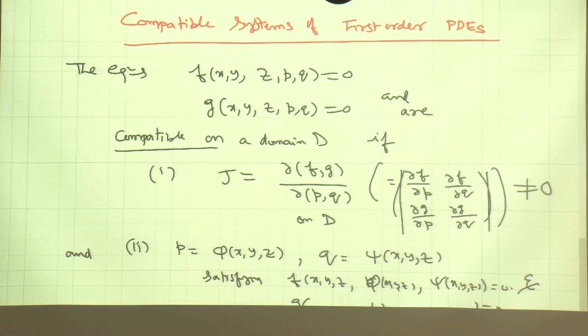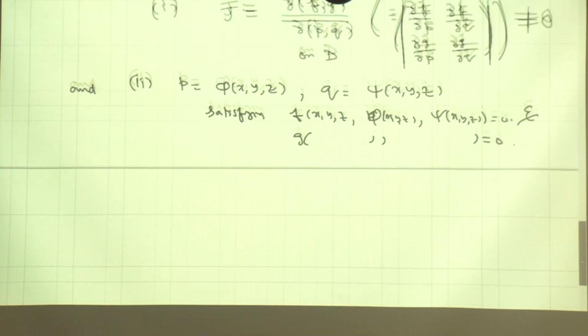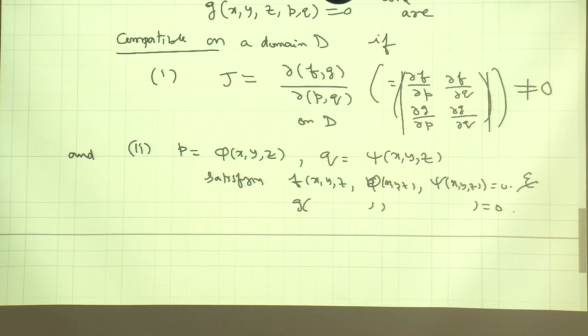That means I am saying that phi and psi solve this. I have solved for P, Q in terms of x, y, z. Those functions I am calling phi and psi. Okay? Not only this, they want this to happen. This we know by implicit function theorem, in view of 1, is possible only locally, but okay, assume it is possible everywhere.